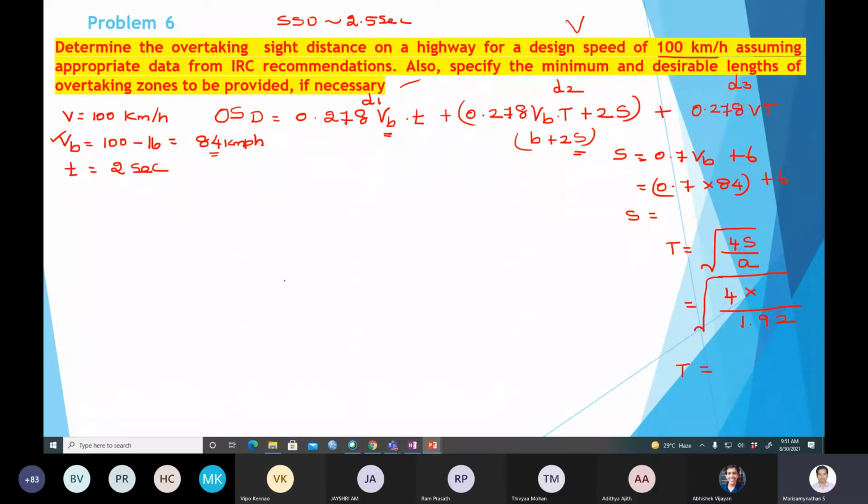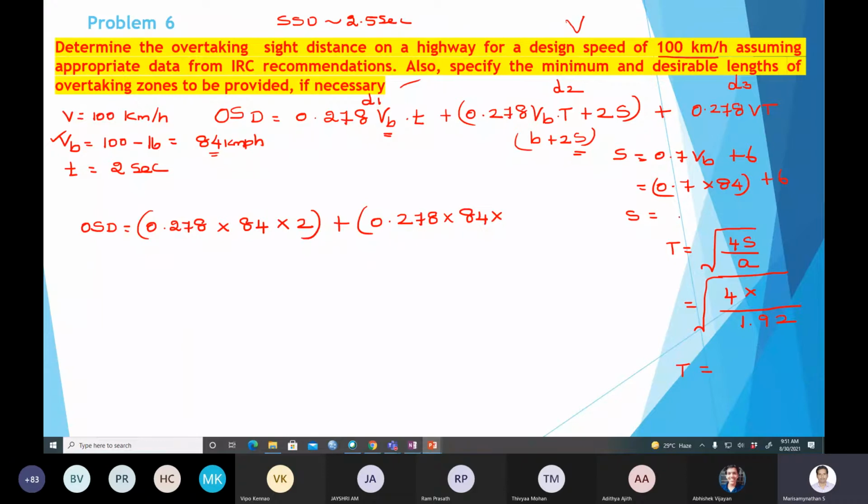So now we have all the data. VB is 84, the reaction time is 2 seconds. So all the values we try to apply. OSD is equal to 0.278 into VB, which is 84 kilometer per hour, into the reaction time of 2 seconds, plus 0.278 into 84 into T, plus 2S.